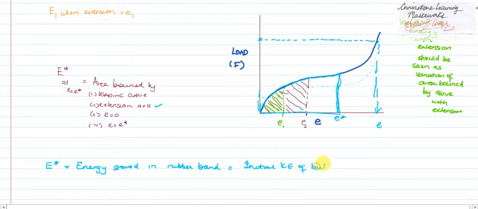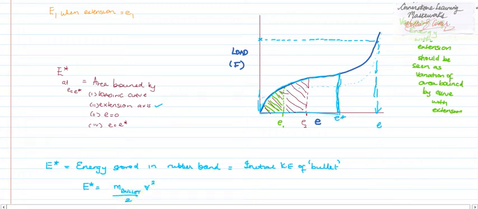Alright, that's when it's being released. So we say the energy E star is equal to the mass of the bullet, the rubber band of course, times V squared on 2.